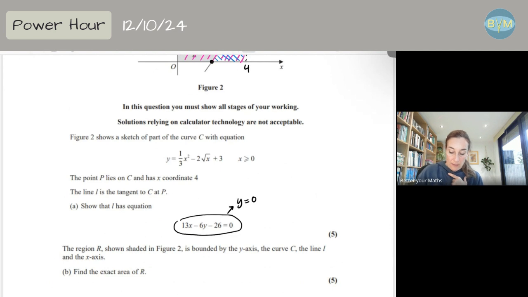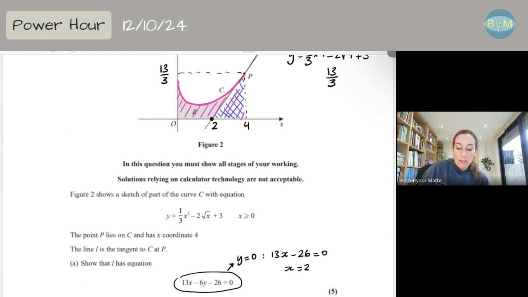If y equals 0, we have 13x minus 26 equals 0, which means x is 2. So this point is 2. Our triangle has base 2 and height 13/3.